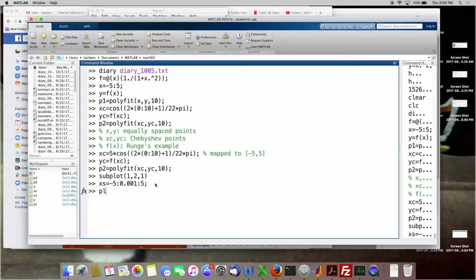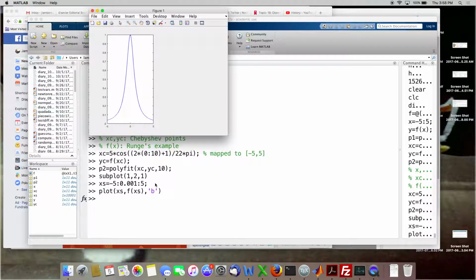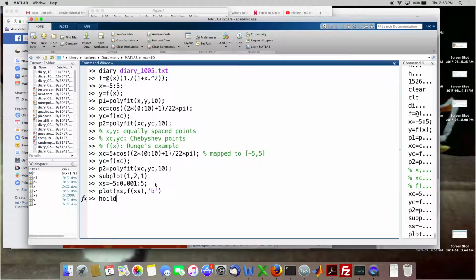And then now I could do plot x's and then f of x, and plot that in blue, just so we have the original function.